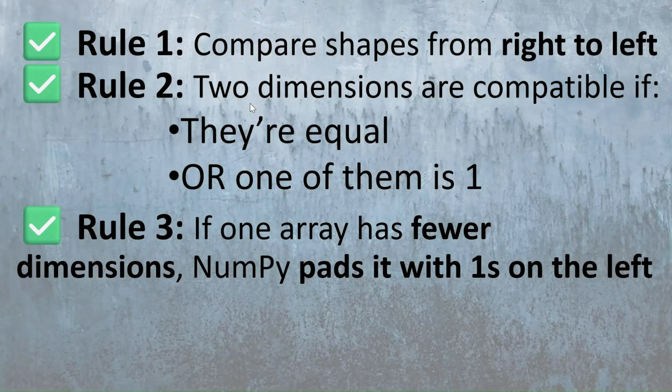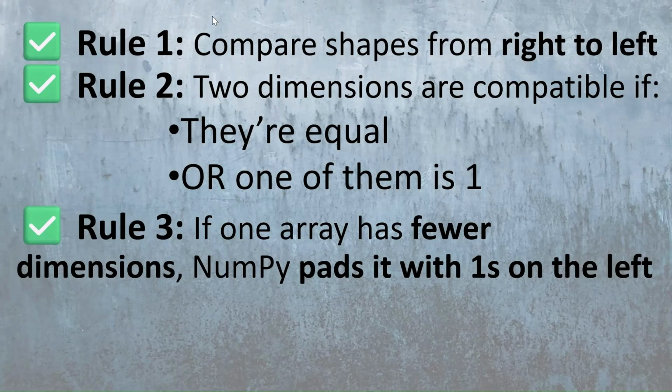Then we check if the two dimensions are compatible. How do we know if they are compatible? If they are equal, that means they are compatible, or one of them is 1. And if one array has fewer dimensions, NumPy pads it with ones on the left.